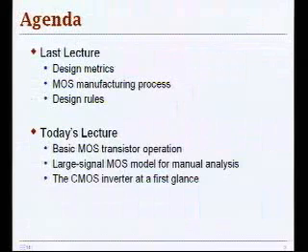Okay. So last time we talked about CMOS manufacturing process, and also some design rules that you need to know to be able to transfer your designs into real-world implementations. So today we're going to finish up with the design rules and start this course from the ground up again.